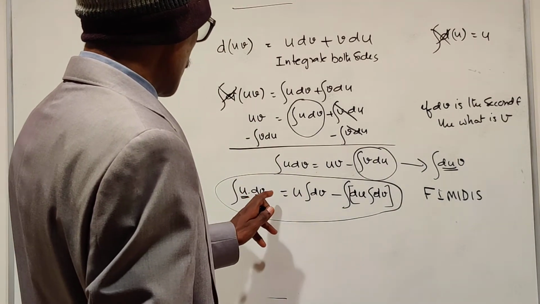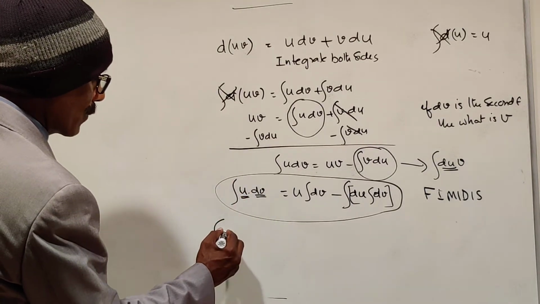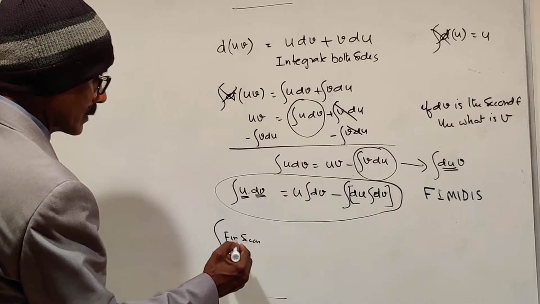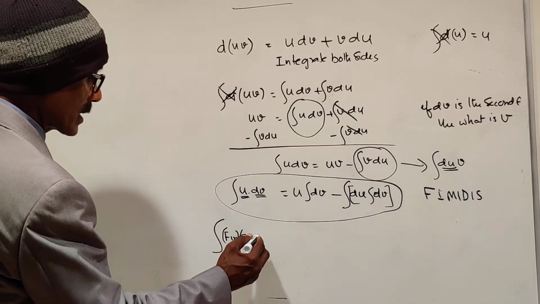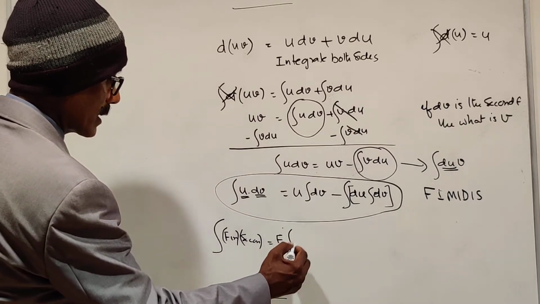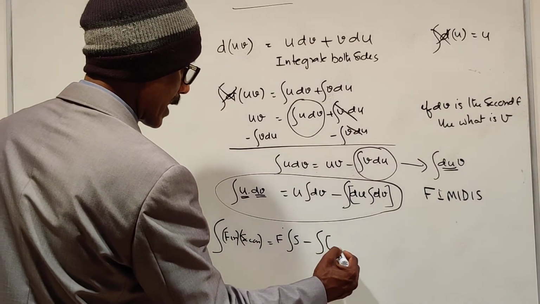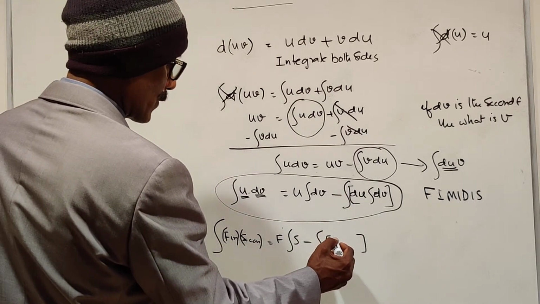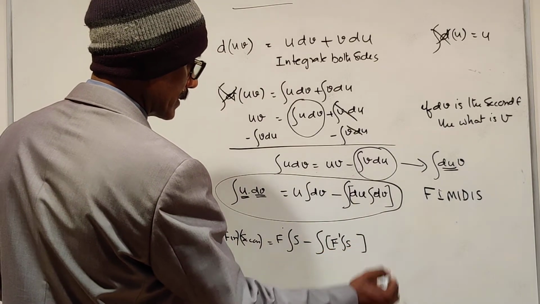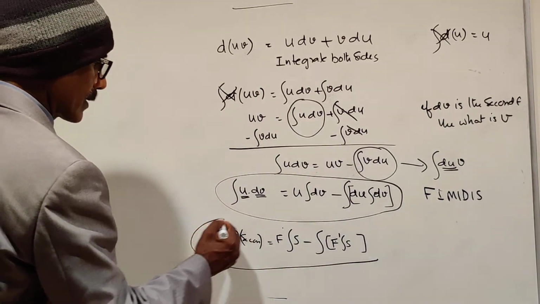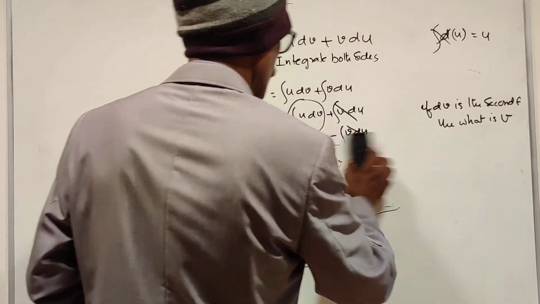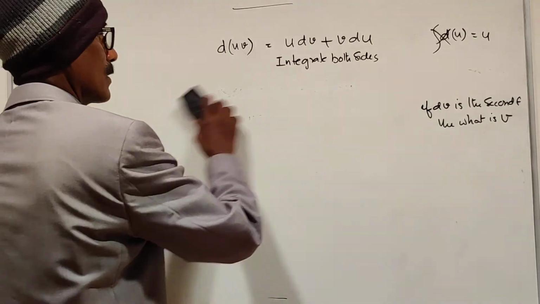Let me write it once more: the integral of first function f into second function s equals the first function into the integral of the second, minus the integral of, in brackets, the derivative of the first function into the integral of the second. Remember this formula. We are going to do two or three problems right now.